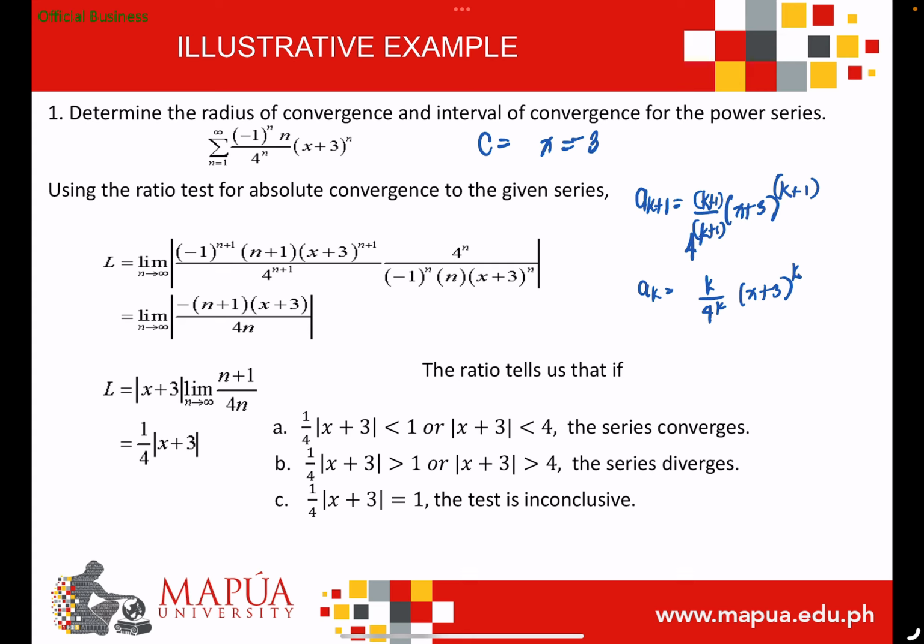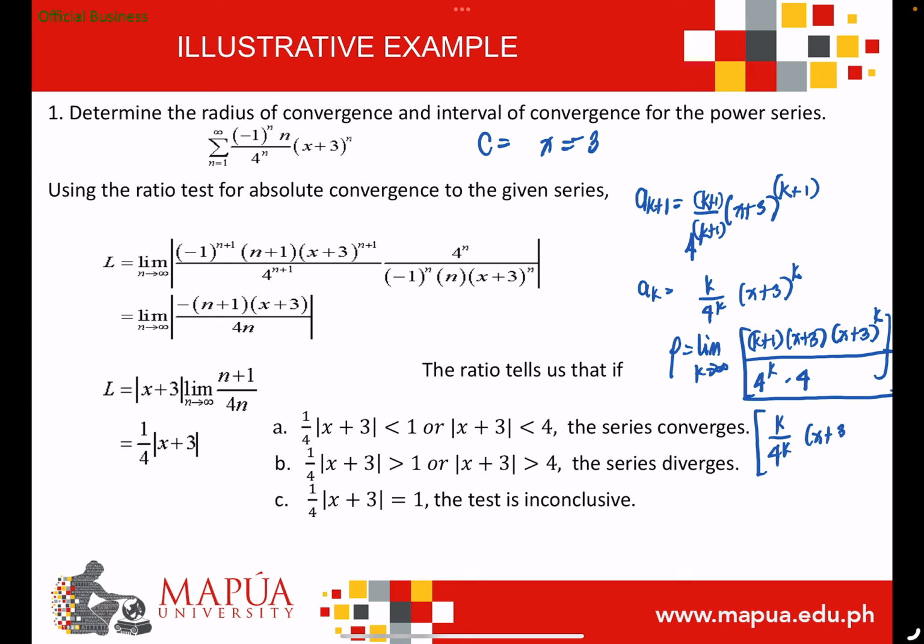So for rho, it would be the limit as k approaches infinity of k plus 1 times x plus 3 times x plus 3 raised to k, all over 4 raised to k times 4, divided by k over 4 raised to k times x plus 3 raised to k. We can cancel out x plus 3 raised to k and 4 raised to k.